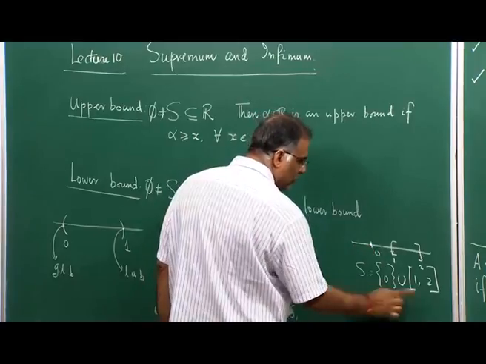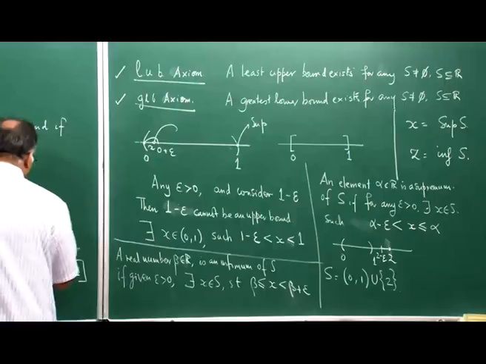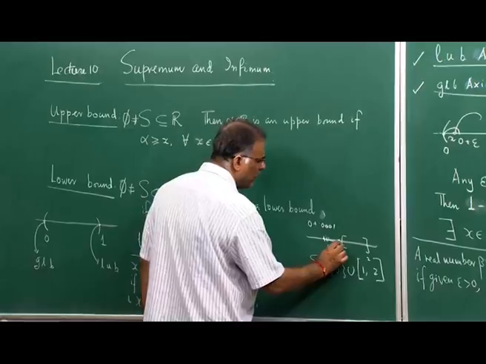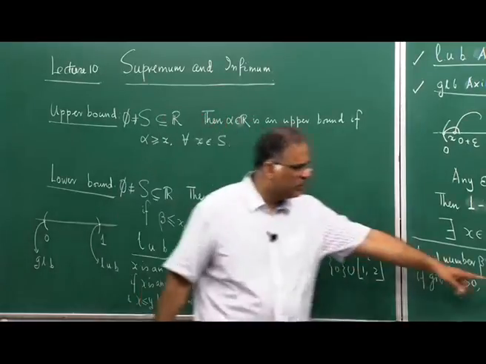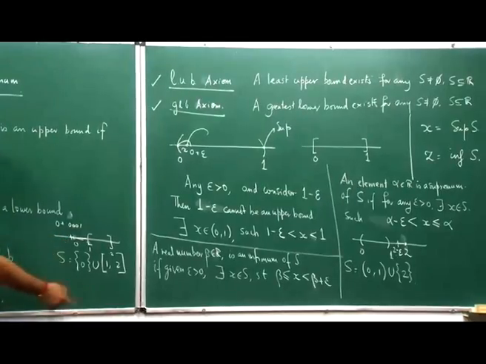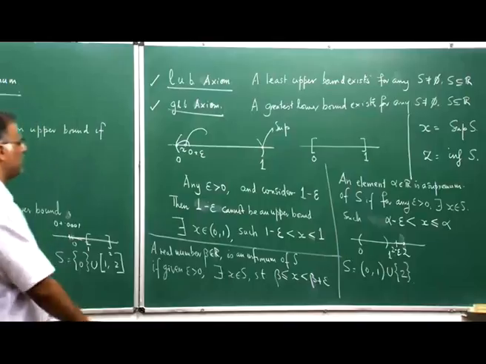If you take 0 plus epsilon, say 0.00001, you come very near 0. Then what is the element x which will satisfy this? In this case, we have to choose x to be 0.